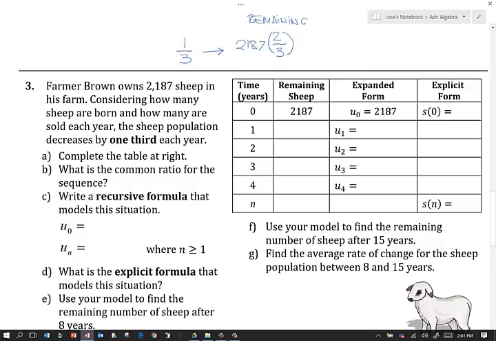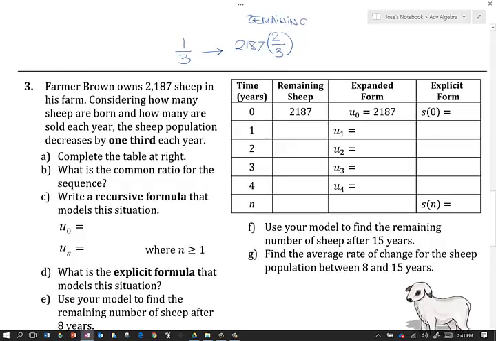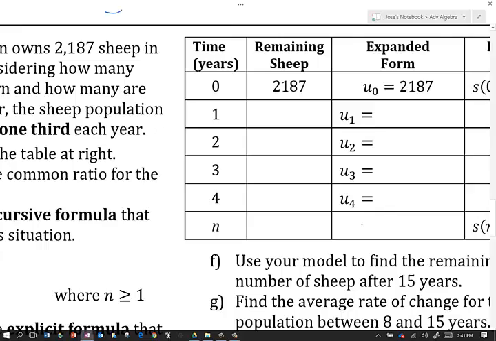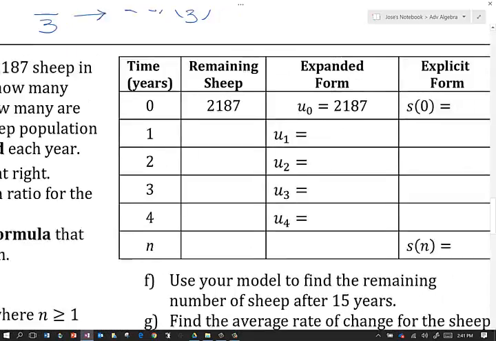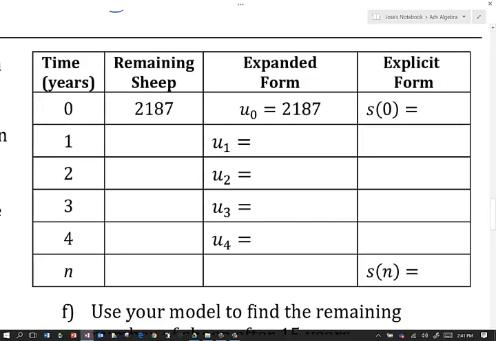Okay, so going to the table, what I'm going to have to figure out in here again is how many remaining sheep he has, and in this situation it is going to be 2,187 times 2/3, which with a calculator comes out to be 1,458.